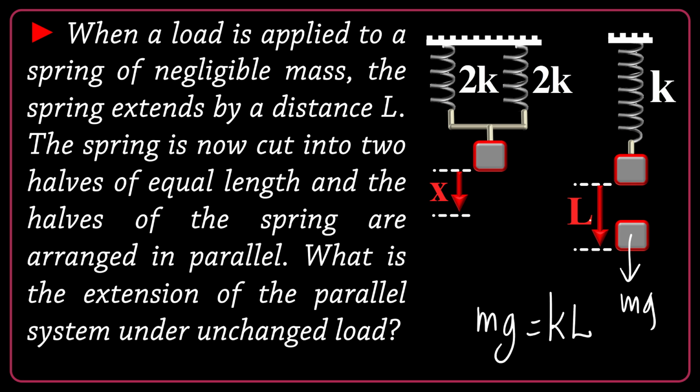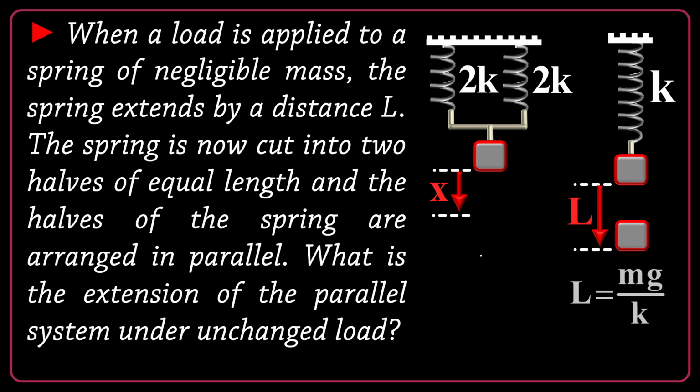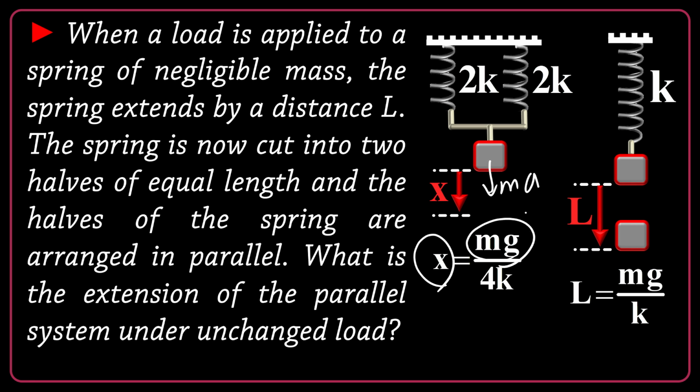So L is going to be the ratio of mg over k. Likewise here, x is going to be mg, the same load, divided by the total spring constant, I mean 4k. Okay, it's the same thing. You can easily see that.